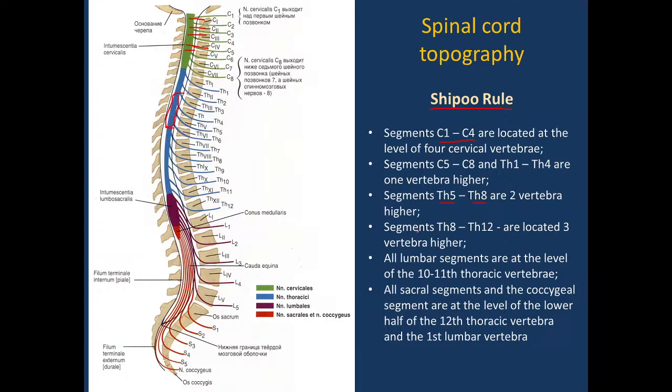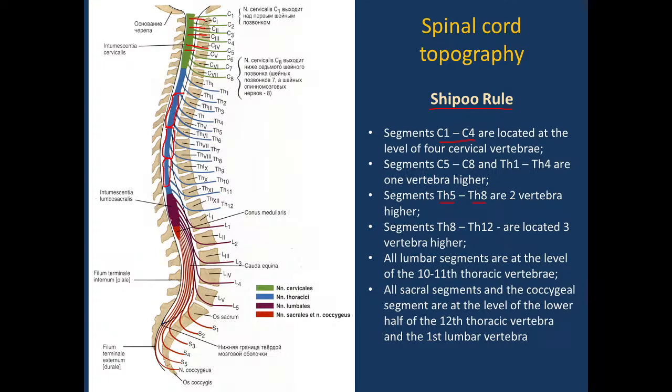Then, because the length of the spinal cord is shorter than the length of the vertebral column, the lowest thoracic segments, from 8 to 12, are located 3 vertebrae lower, it means from here to here. Then all lumbar segments are at the level of the 10th and 11th thoracic vertebrae here.